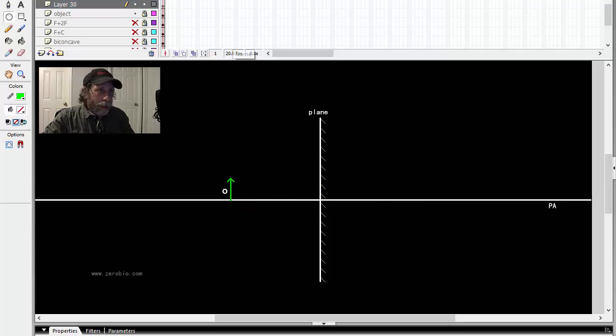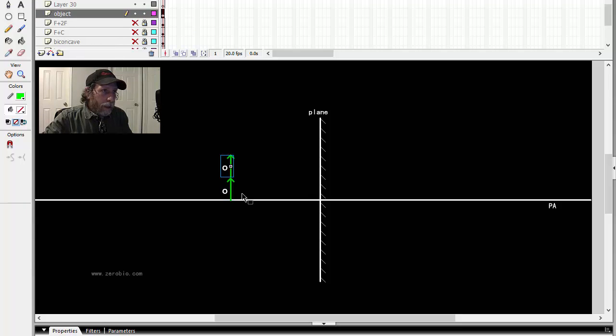Now, it is possible that you will have questions on tests like this. Let's just take this object and put it over here, and tilt it a little bit, and ignore the other one for a second, okay? I could put this on another layer, I suppose, and hide the other one, but let's not bother to do that.